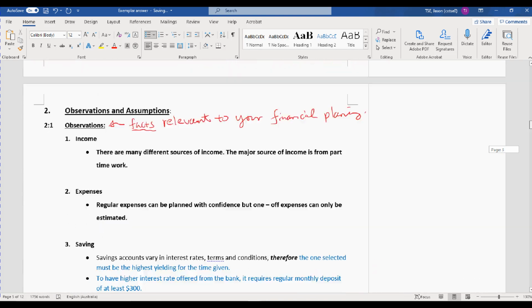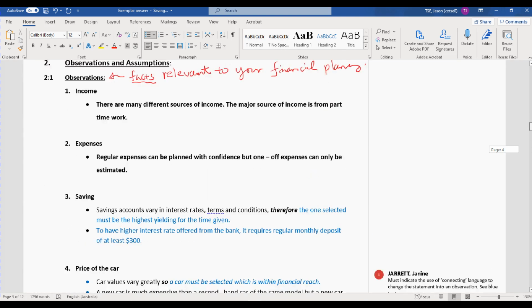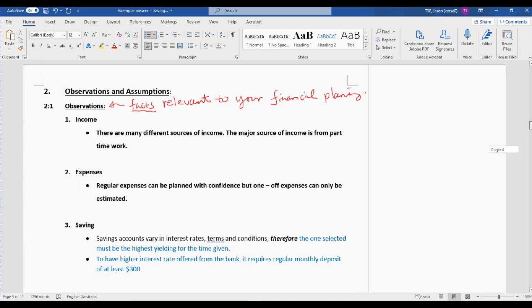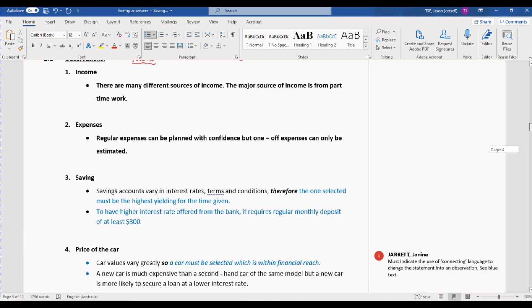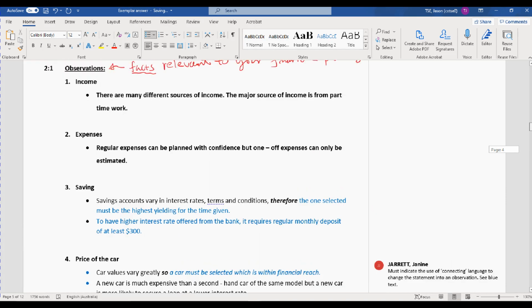All right, so to sum up, okay, so remember we need to do observation and assumption as a second part of our assignment. All right, so for observations, you need to state the facts relevant to your financial planning. Okay, and there are 5 aspects of your financial planning, so you try to get one major observation for each aspect, right?